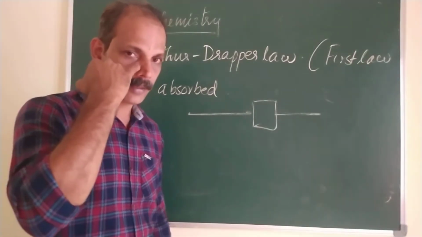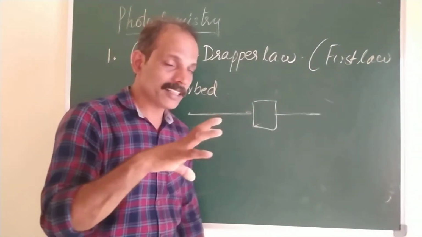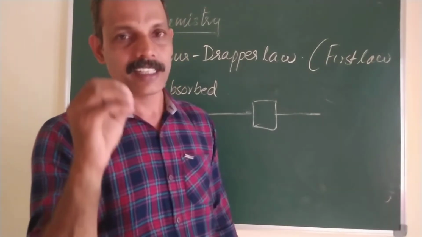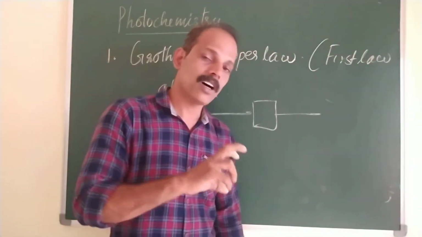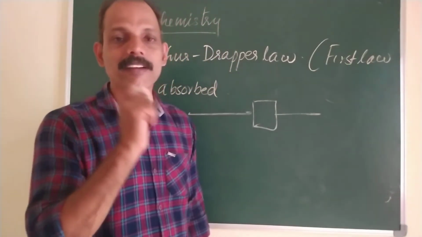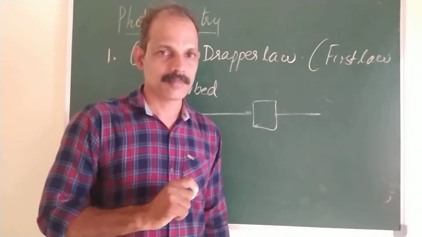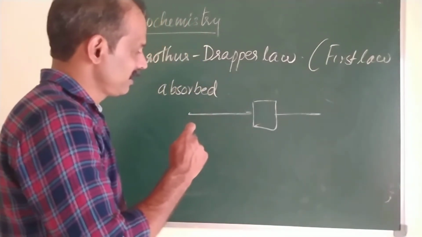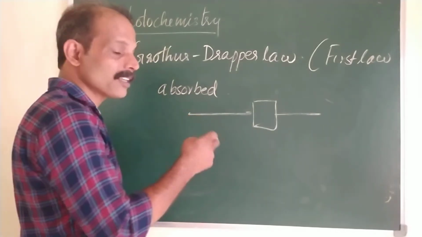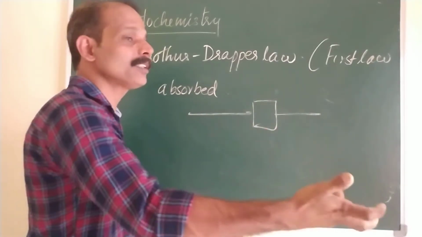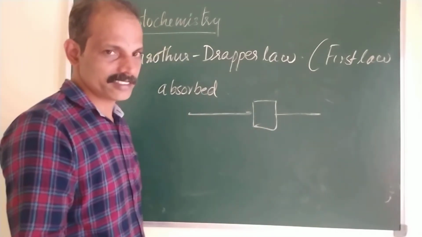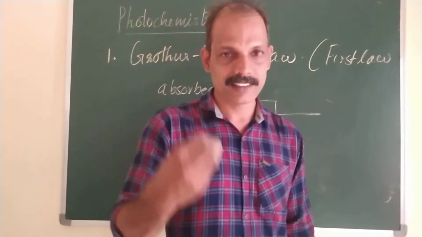Absorption should happen. For a photochemical reaction to take place, absorption of radiation should happen. But all those radiations absorbed may not bring about chemical reaction. There are some criteria.